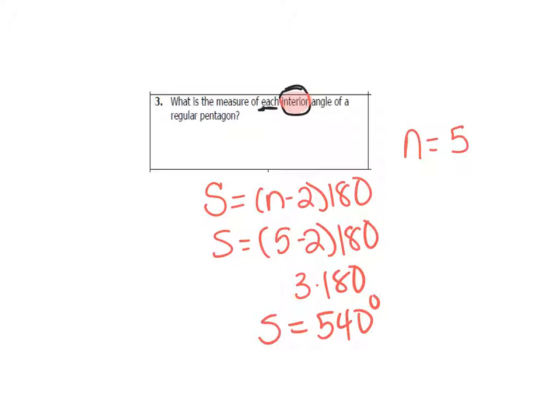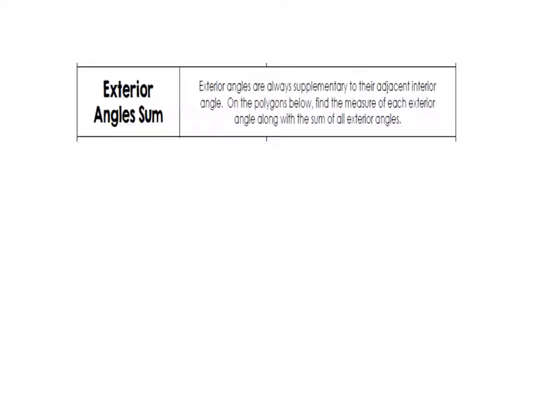They just want one, and that's why I underline that. So I need to go back and divide it by the total. How many sides in a pentagon? Well, it is 5. So when I do that, I get 108 degrees.